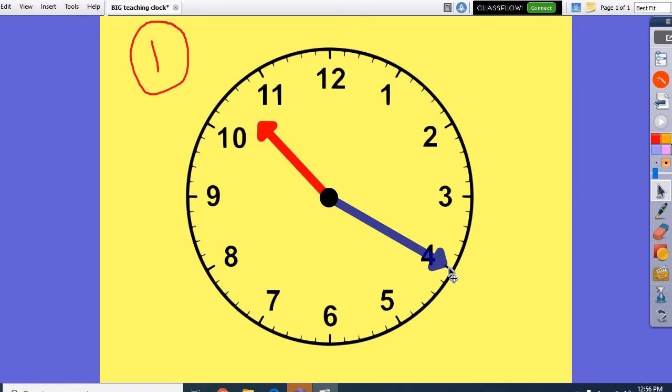So what I want you to do is write this time 2 ways. I might write it like the normal way that we learned, what it looks like just normal. And then I could also write that backwards way that we talked about yesterday. So tell me this time in 2 different ways.